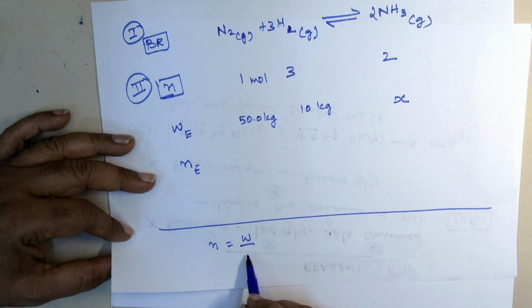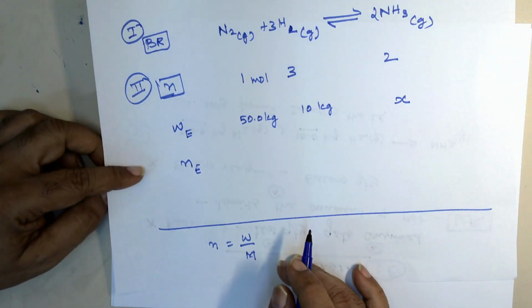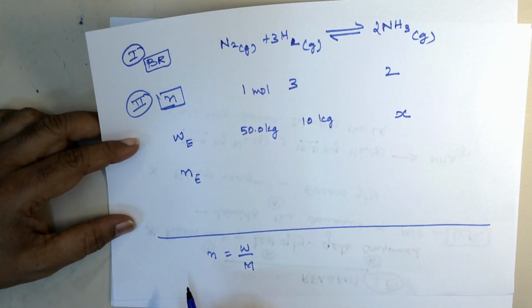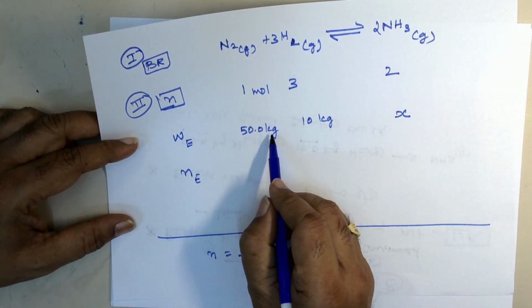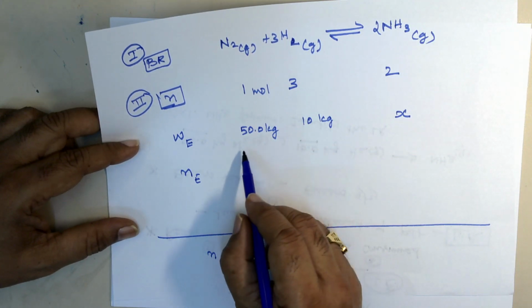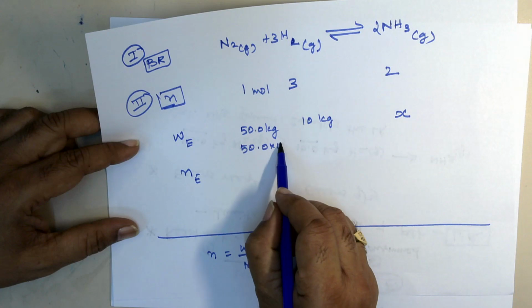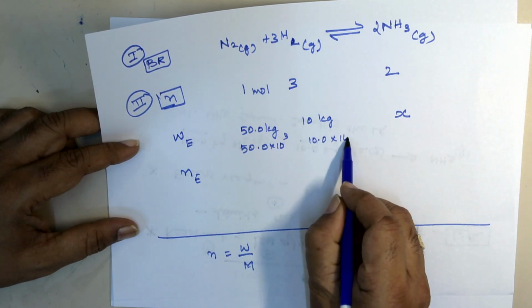Weight by molecular weight. It is given in kg, so you have to convert it into gram. So 50,000: let us put 50.0 into 10 cubed, similarly 10.0 into 10 cubed.